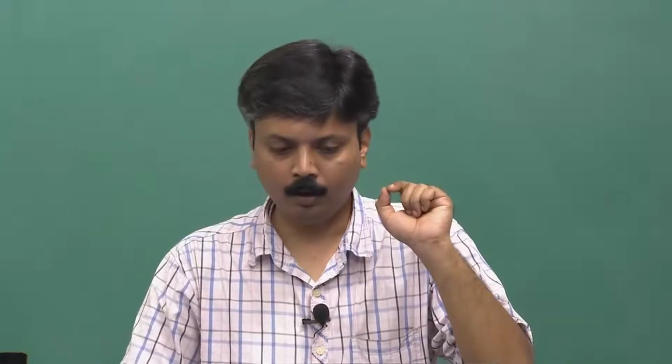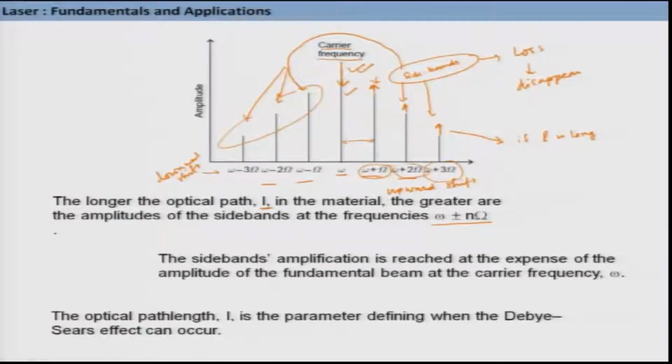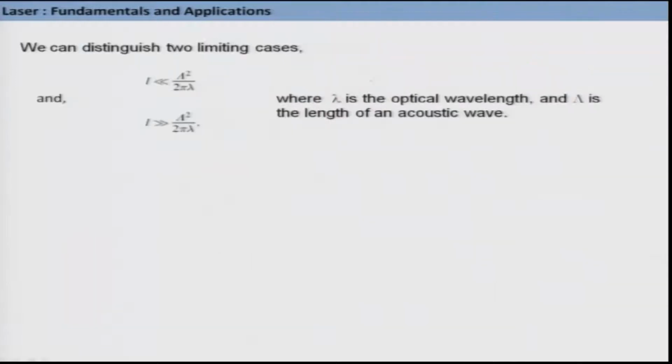Knowing that this optical path length is very crucial, we can have two different situations, two limiting cases essentially. One is where the optical path length is far less than the quantity given by capital lambda squared by 2 pi lambda, and the other limiting case is where the optical path length is much greater than capital lambda squared by 2 pi lambda.